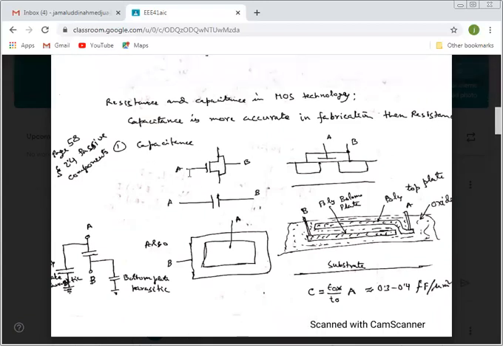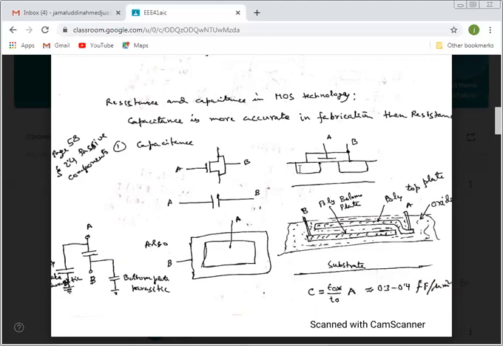We just fabricate a MOSFET transistor, and then connect the source and drain together. Then it becomes a capacitor. This gate is one terminal of the capacitor, and then the source and drain is the other terminal of the capacitor. So this transistor acts as a capacitor.